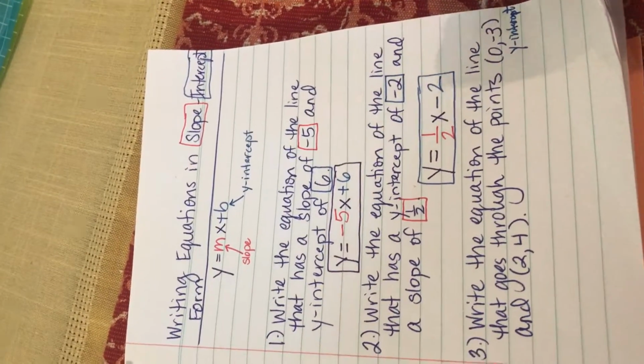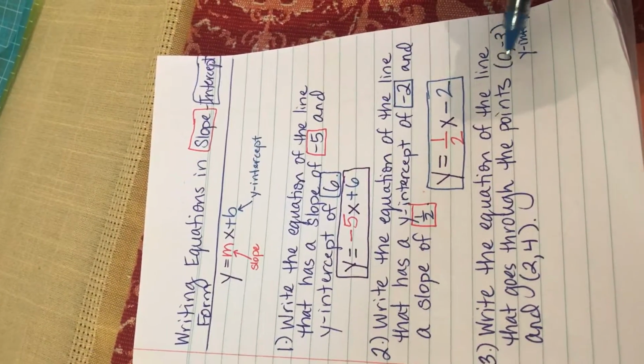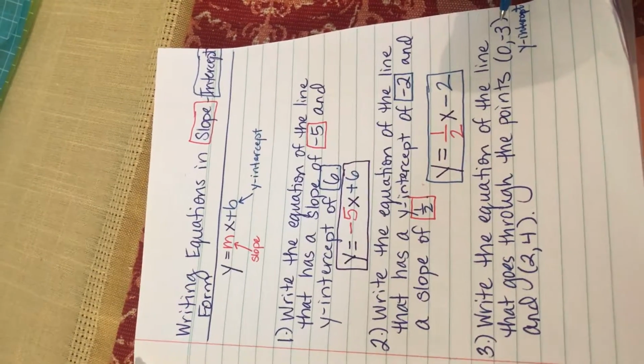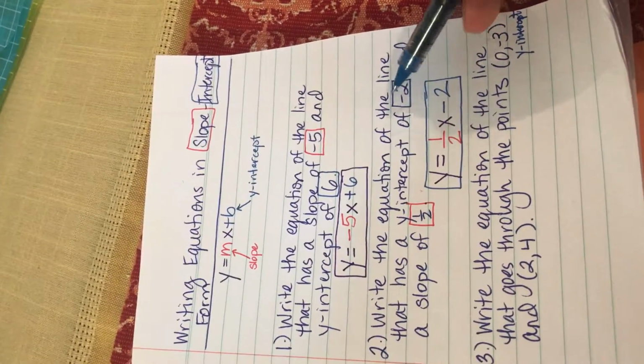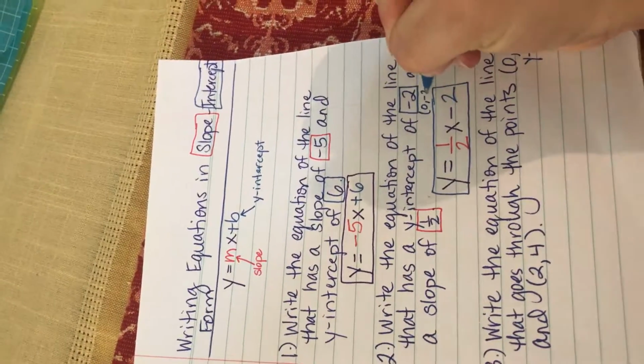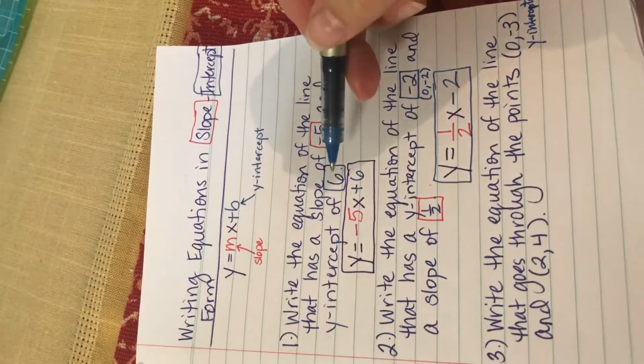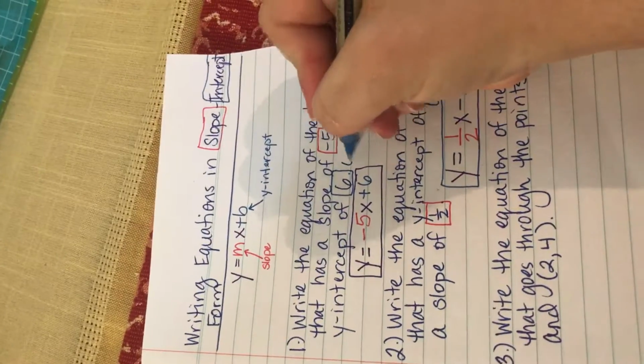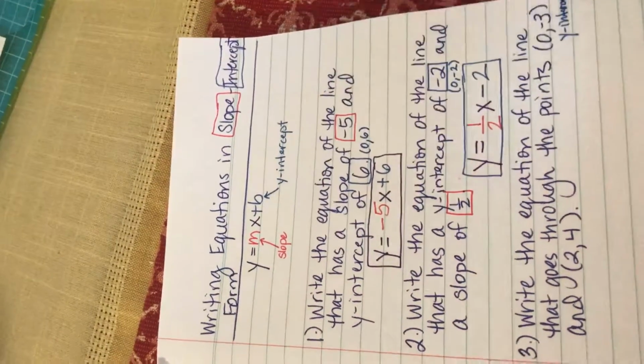Okay, so the y-intercept is the ordered pair that has a 0 and then a number. So if I were to write this one as an ordered pair, I could write 0, -2. And if I were to write this one as an ordered pair, I could write 0, 6.